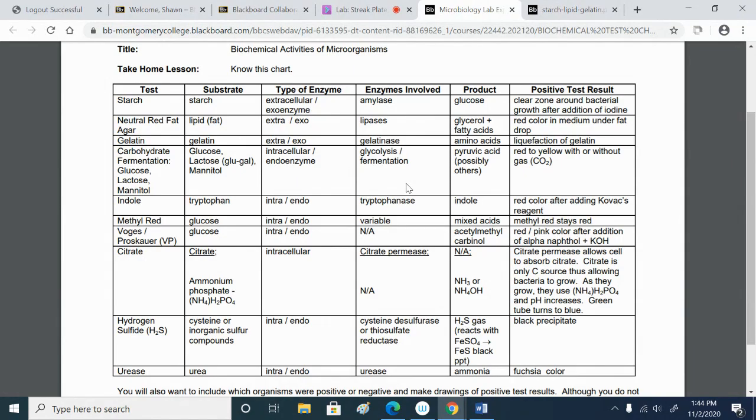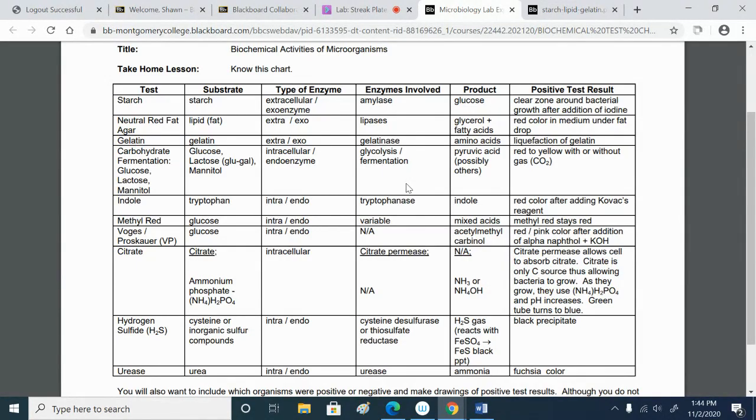And so since triglycerides are a type of lipid, the enzyme is lipase, which will hydrolyze the triglyceride into glycerol and fatty acids. And so when you separate the fatty acids from the glycerol, they become acidic. And so we can easily test for acid in the lab using a pH indicator. And in this case, it's neutral red.